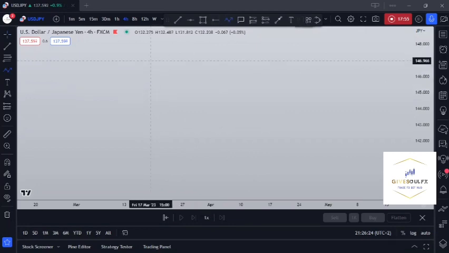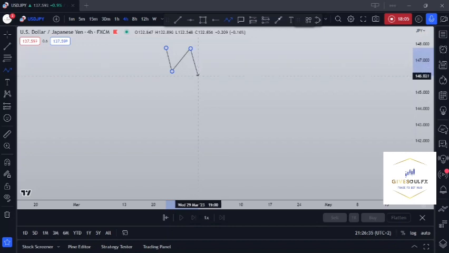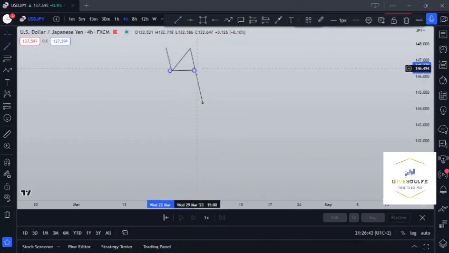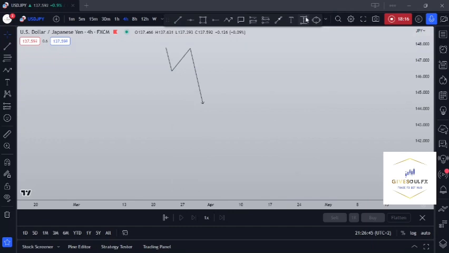Now I want to show you an example. When price moves, it goes down, creating a new low, coming back high, creating a new high, then breaking out of structure, creating a new low. I have a break of structure here. Let me use a rectangle.